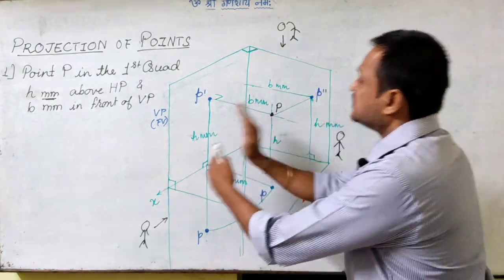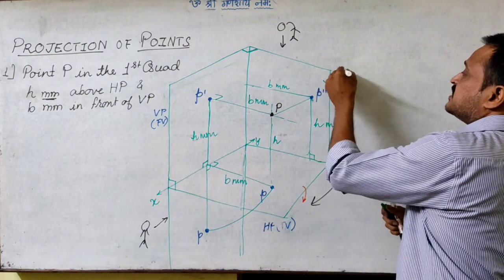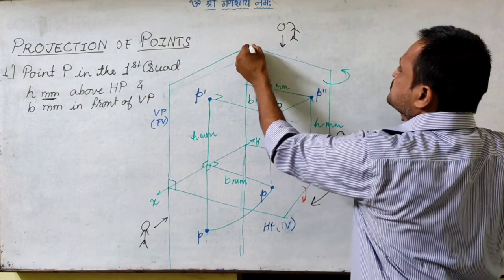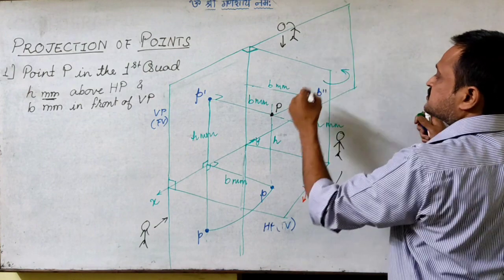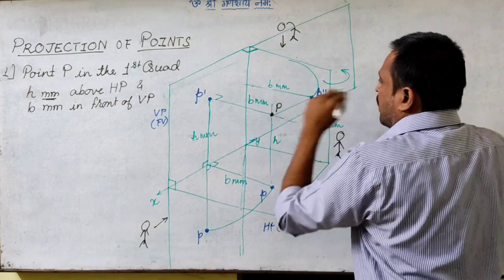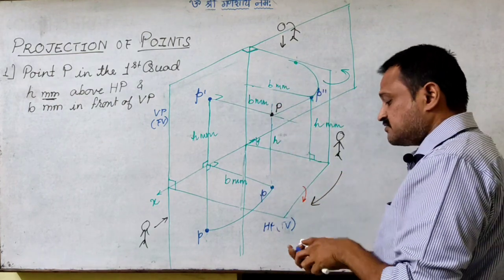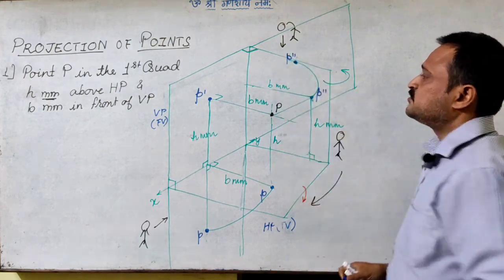So we will not rotate it this way, rather we will rotate it to the other side. We rotate this as if we open this room or this box, so it gets turned and the side view also gets rotated with the plane. So we get the profile view here.